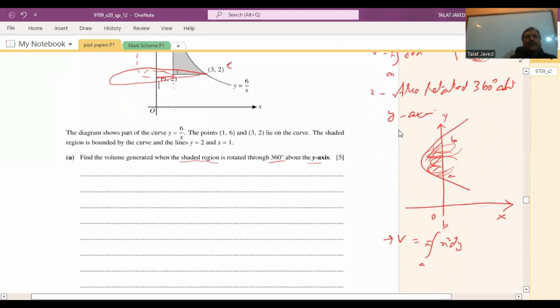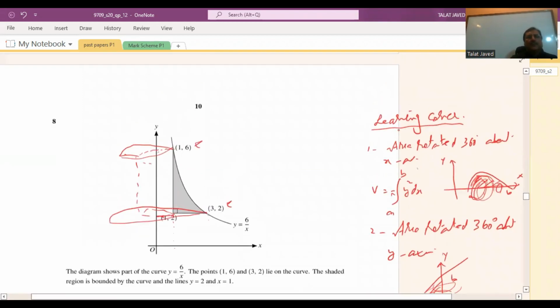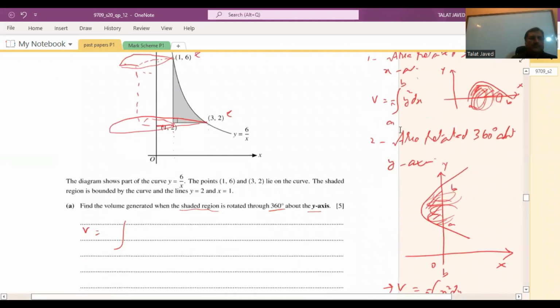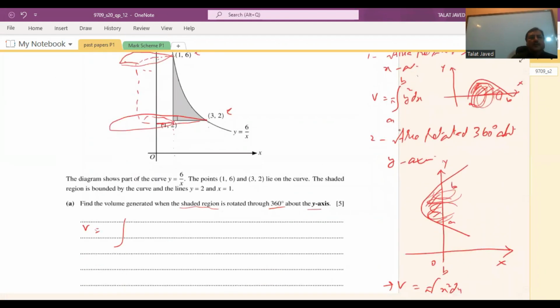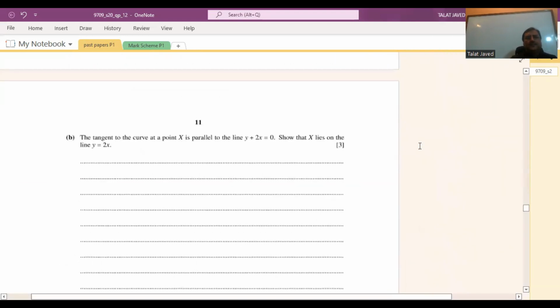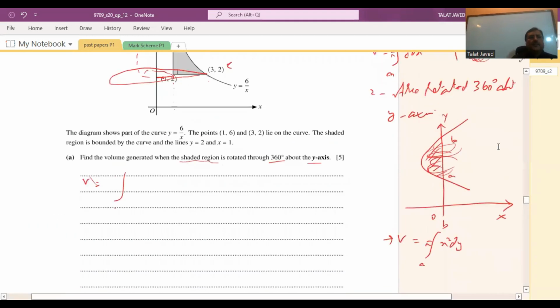First I find the volume using the integral from 2 to 6, and the formula is pi x squared dy.